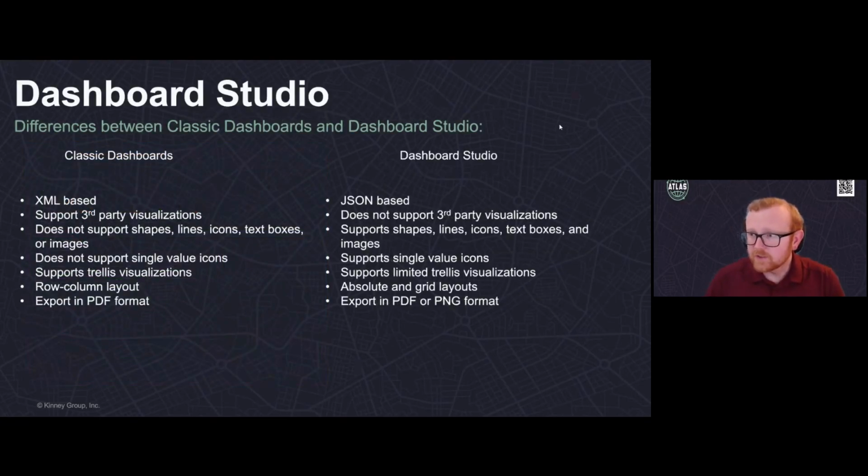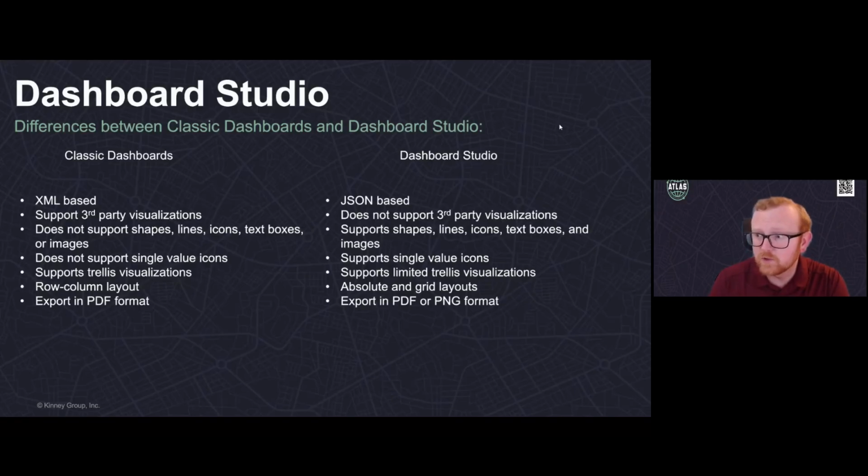So some of the differences between classic dashboards and Dashboard Studio, like I said, XML versus JSON based. Currently, classic dashboards does support third-party visualizations, while Dashboard Studio does not. In Dashboard Studio, you can add shapes, lines, icons, text boxes, and images, all of which you cannot do in classic dashboards. It supports single value icons, and supports limited trellis visualizations.